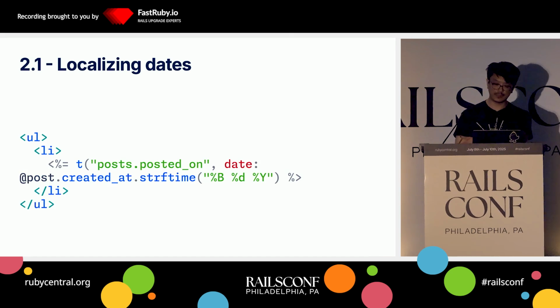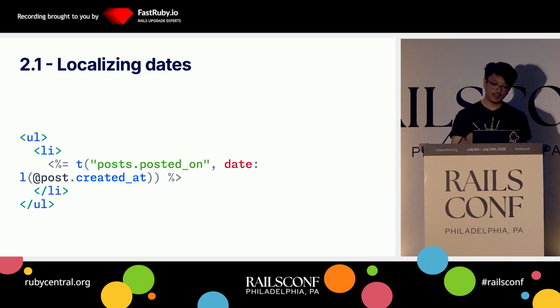So if we go back to the previous example, we can replace strftime with localize instead. And now the date format can change based on the current locale. Just like how translate would use en.yaml to look up translations, localize will use the YAML file to look up the formats.